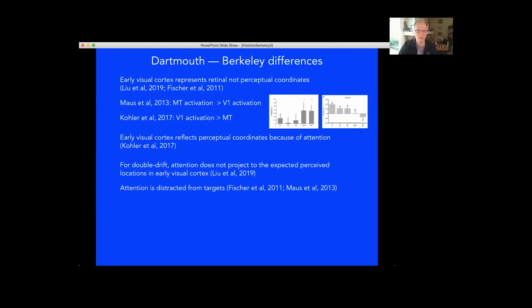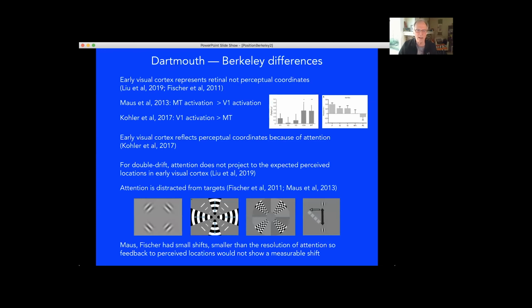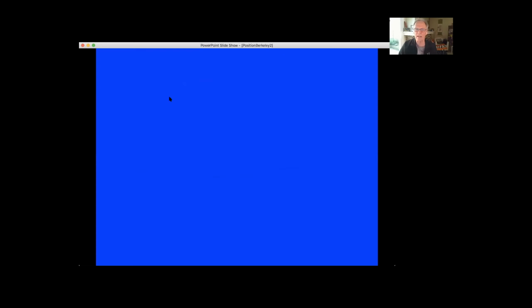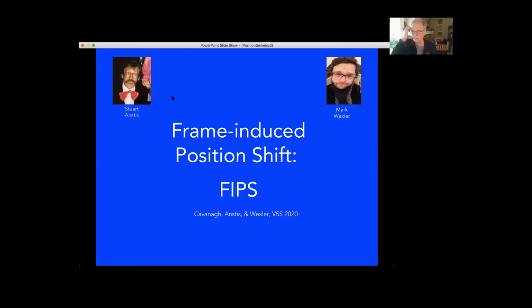So there are a few quite interesting things going on here. I have a theory about what's going on, and we can get back to that at the end if we have time. I think there really is a good reason why the Berkeley results and the Cyril Liu and Peter Kohler results are different. I think it's due to the properties of the illusions we were looking at. I can say more about that later.